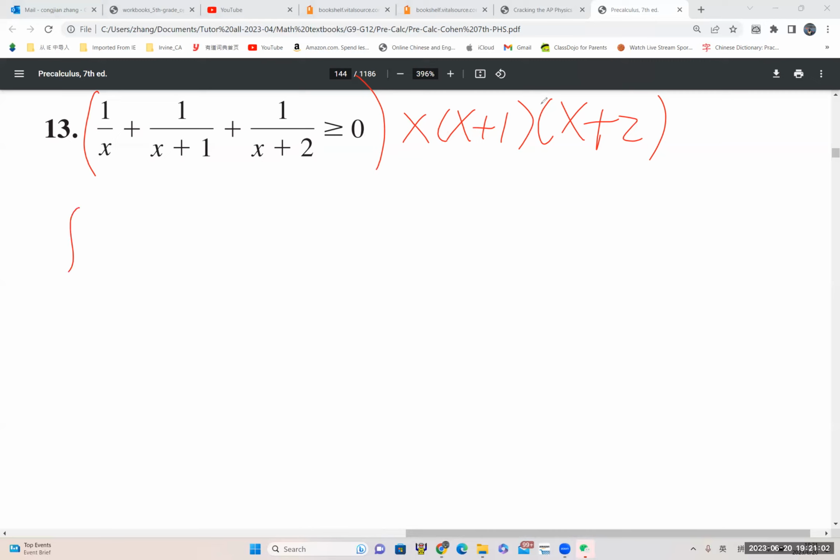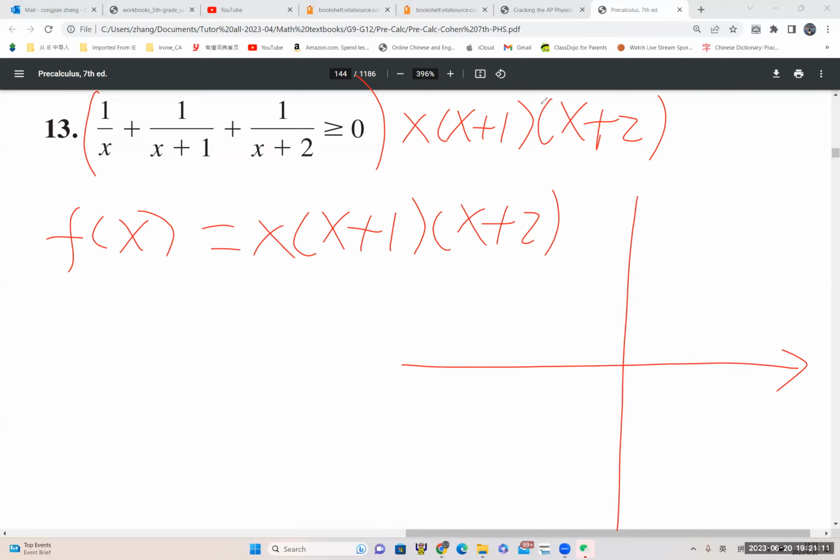By the way, how do we know this? If we have a function f of x, where is its x-intercept? The x-intercepts should be 0, -1, and -2.